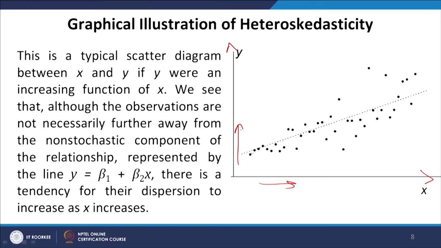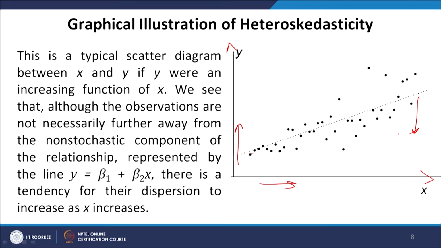We see that although the observations are not necessarily farther away from the non-stochastic component of the relationship represented by the line y equals beta 1 plus beta 2 x, there is a tendency for their dispersion to increase as x increases. So, this is my line, which is the non-stochastic component.